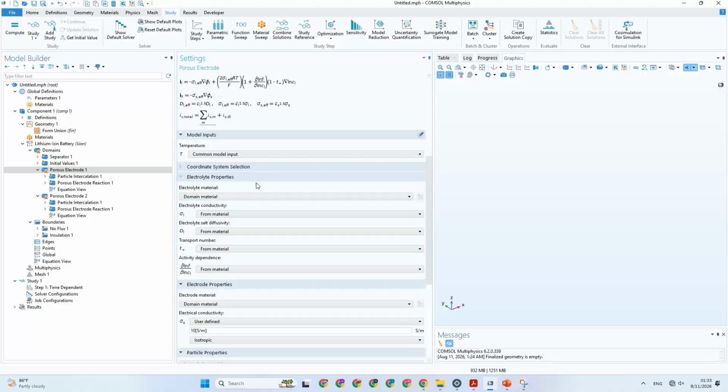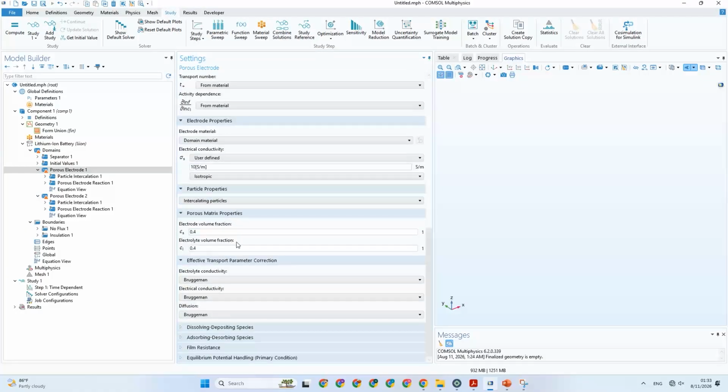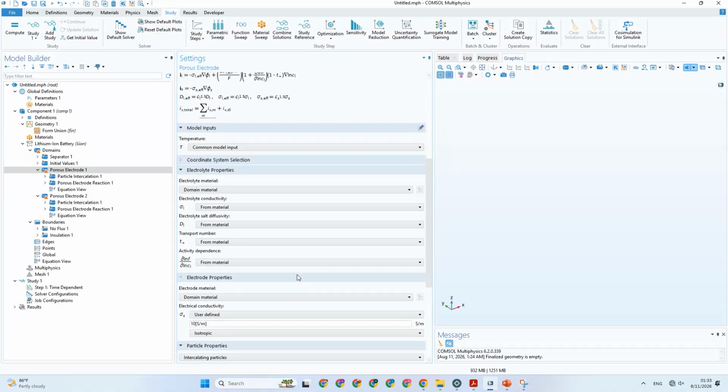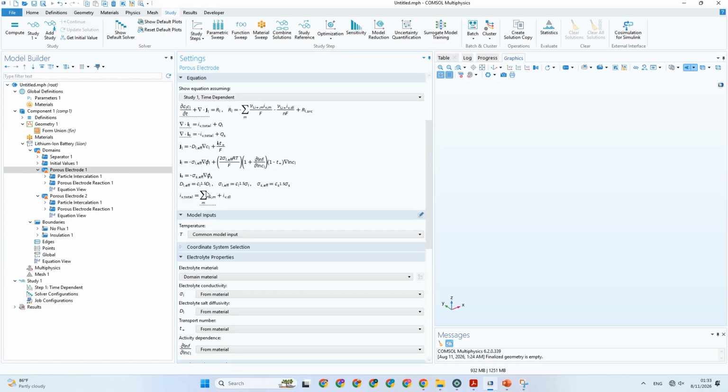We have electrode volume fraction and electrolyte volume fraction. Okay, very good. I will check everything. That is the exact module or not exact modules. We have activity dependent, transport number. Okay, electric self diffusivity. Okay, we will check all of them.